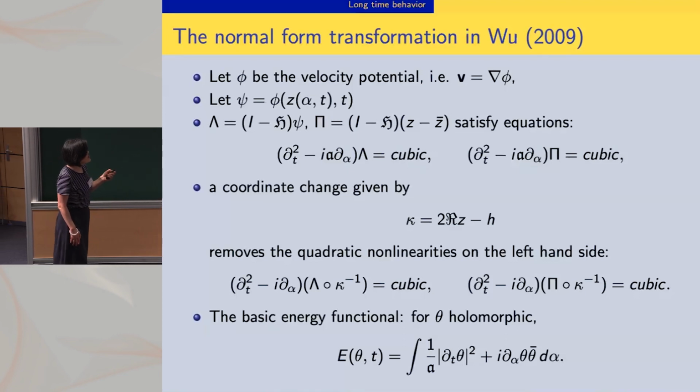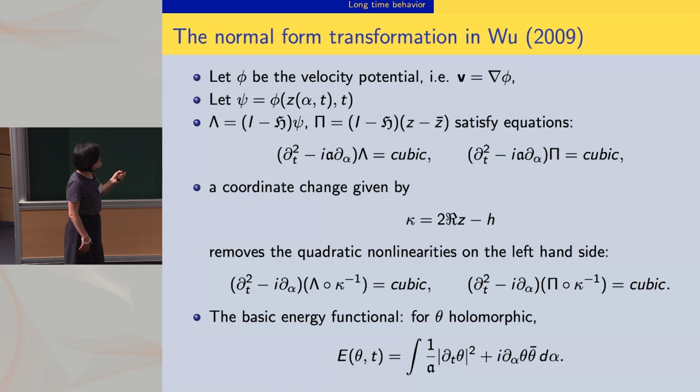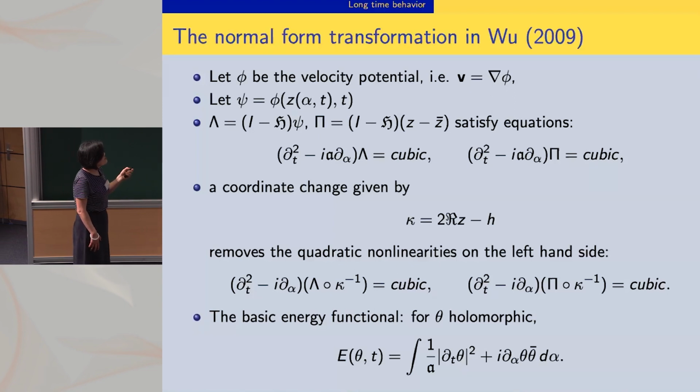It turns out there's a very simple transformation. This is what we find. If we look at the velocity potential, that means v equals gradient phi, we look at the boundary value, the evaluation of the trace of the velocity potential on the interface. If you look at this quantity, and this H is a Hilbert transform, right?